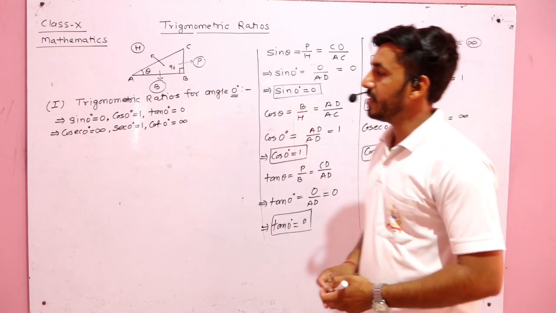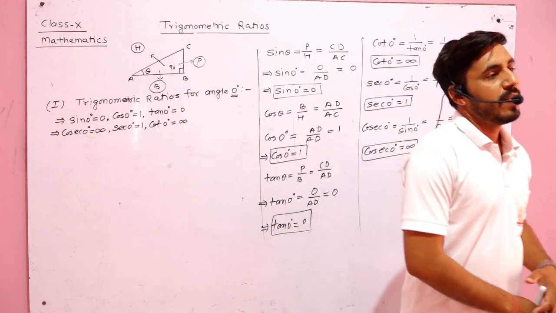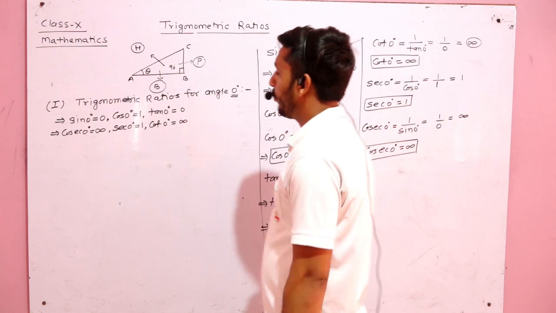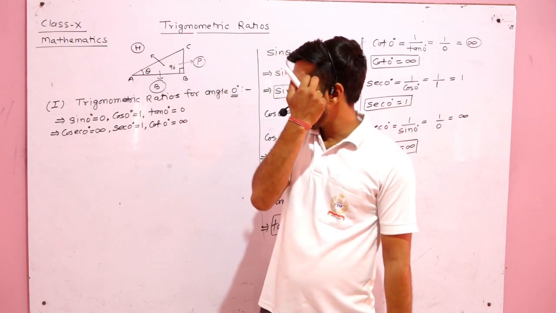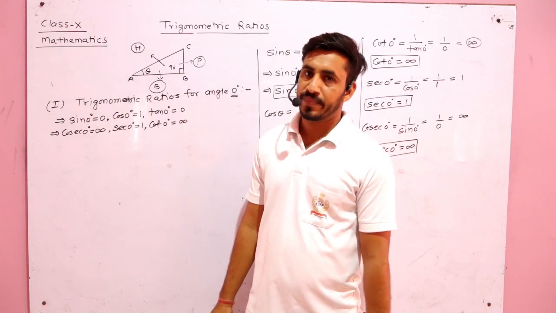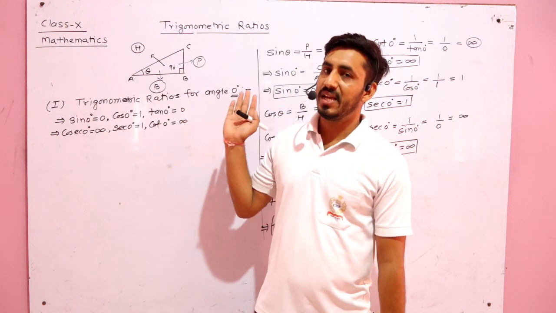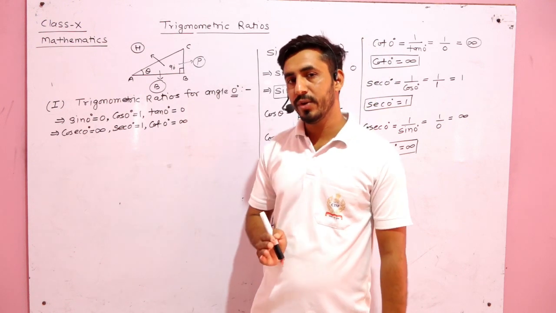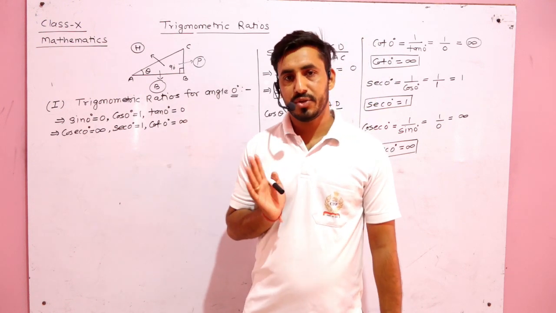In the next condition we will study about trigonometric ratio when I am making angle towards 90 degree. If I am taking angle as 90 degree, then what is the effect or what is the value of trigonometric ratios?